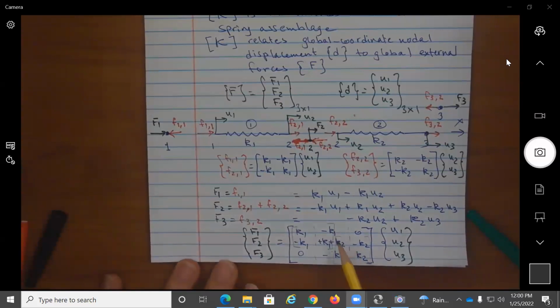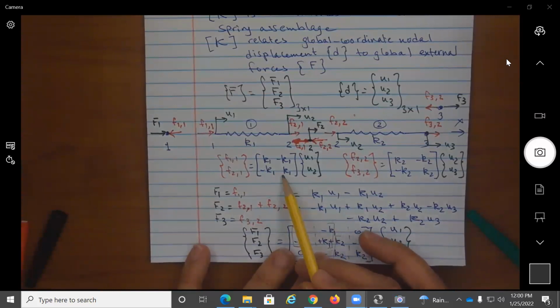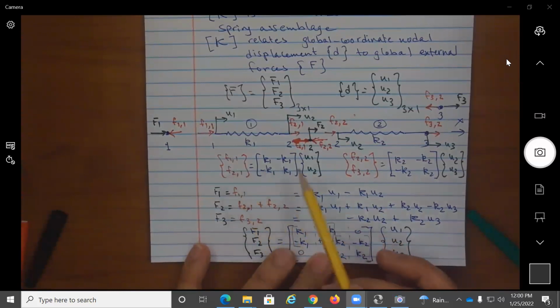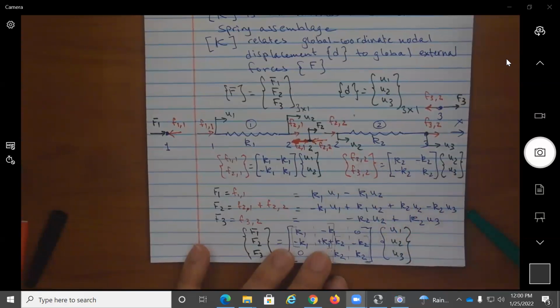For example, element 2, 2 in this 3 by 3 matrix included element 2, 2 from the first set of element stiffness equations, which relates the force 2 to displacement 2, as well as element 1, 2 from the second set of equations, because it relates an element nodal force 2 to displacement U2.